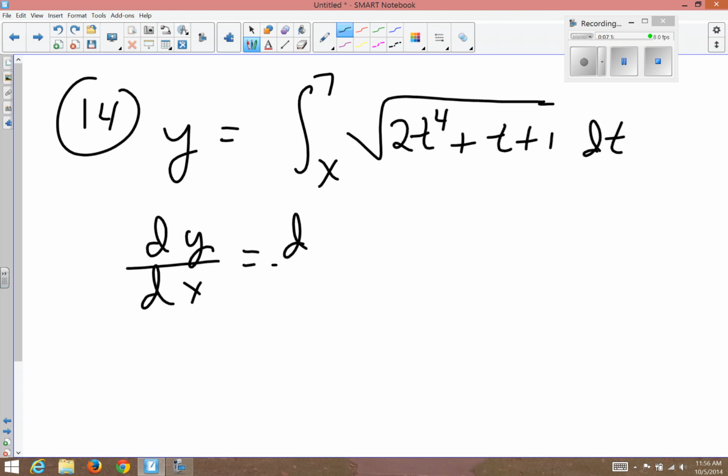That would be the derivative with respect to x of the left side. But I want to do something first here. So I'm going to erase this.